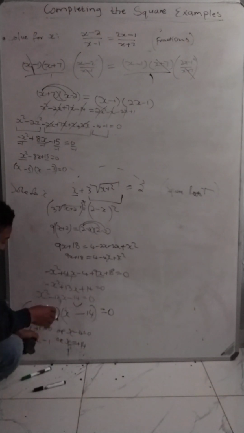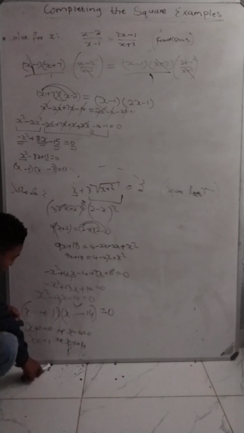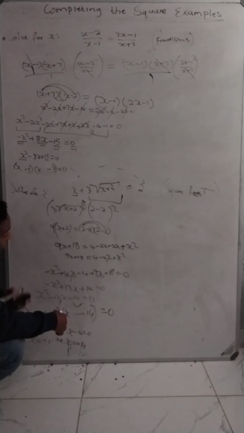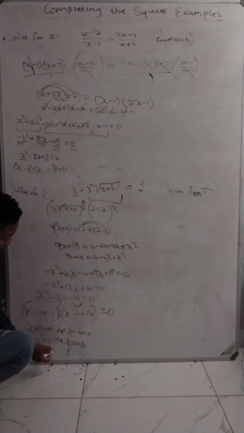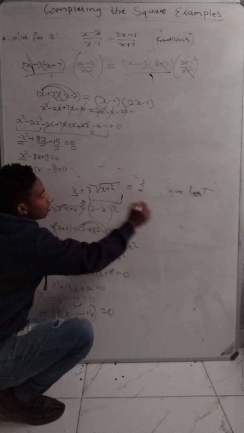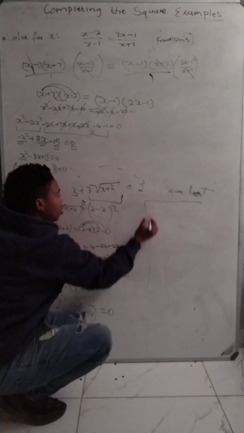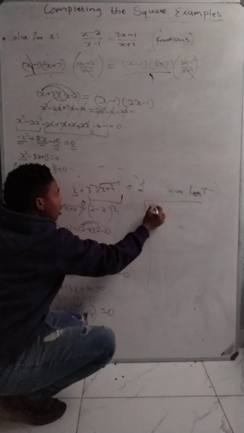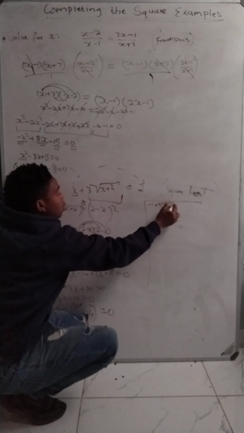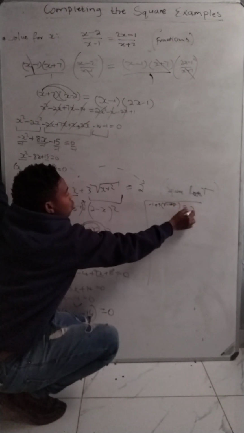And then you plug this into the equation like I explained the previous time. So let's do that and see. If we take negative 1 and plug it here, you're going to be having negative 1 plus 3 into the square root of negative 1 plus 2 is equals to 2.